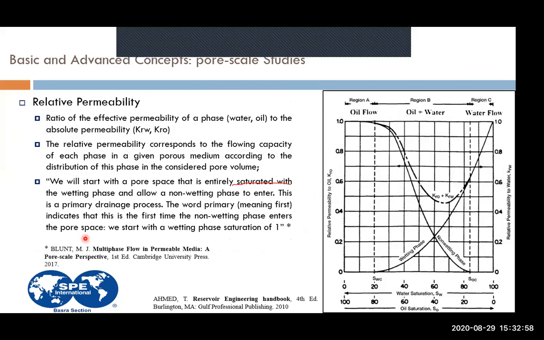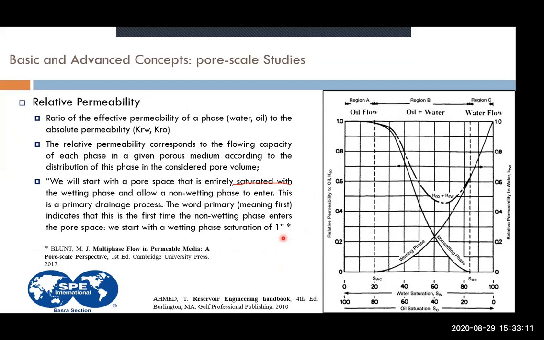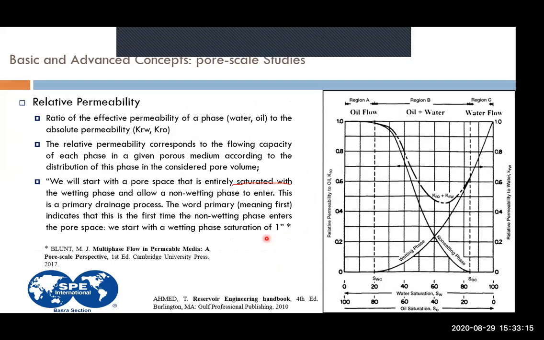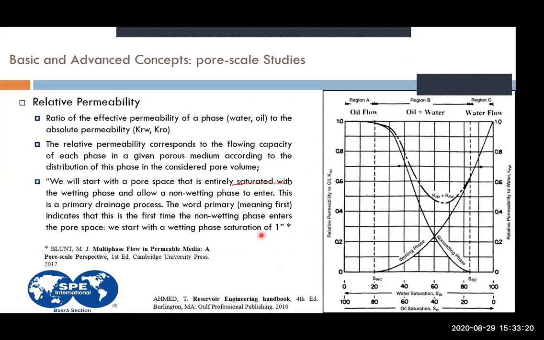Start with the phase with the wetting phase, and we are going to allow the non-wetting phase to enter, what we call the primary drainage process. So as he mentioned, it's the first time that we're going to do this, so that's why it's the first. It's a primary drainage, and then we can start with the saturation of one. As I mentioned, saturation is not like a fraction.